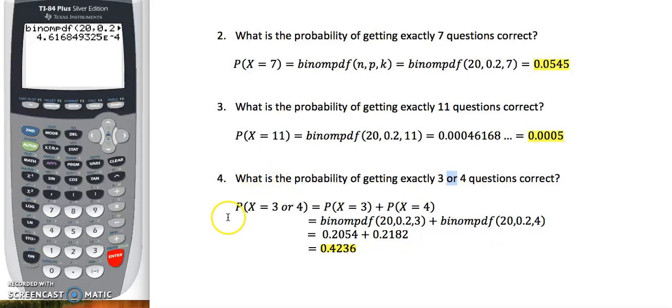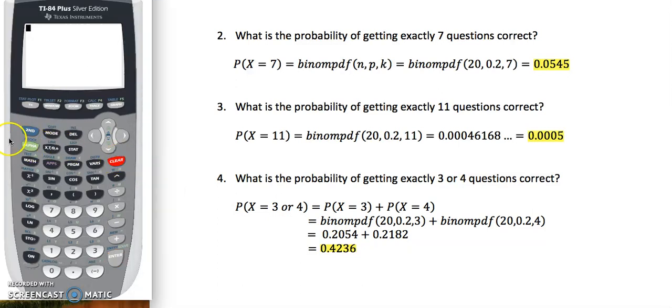What that's saying is that I have exactly 3 or 4 successes. So we're going to be adding first the probability that we have exactly 3 correct plus the probability of exactly 4 correct. So you're going to have to calculate 2 separate probabilities here. I'm going to first go in and type in the first one.